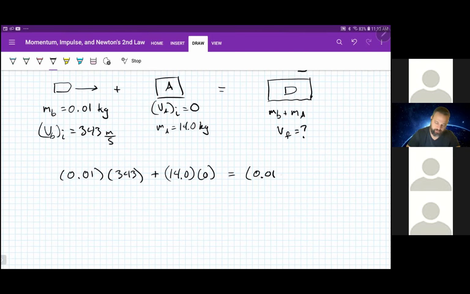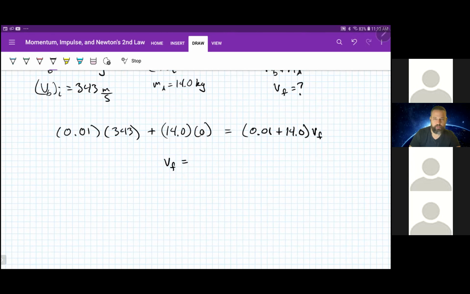Then we solve that for VF, which is 0.245 meters per second. I'm not going to go through all the algebra, but that's what we end up with.